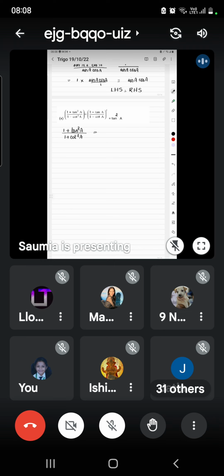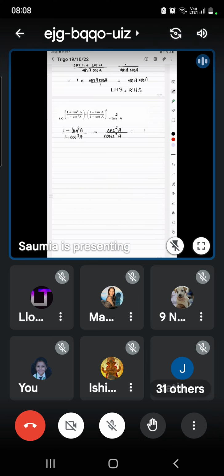Use the identity. What is 1 plus tan square A? Sec square A. And what is 1 plus cot square A? Cosec square A. Now, how can I write sec square A as the reciprocal of cos?